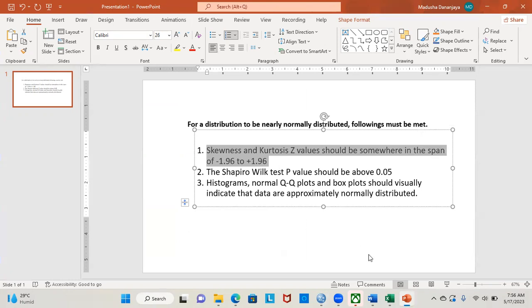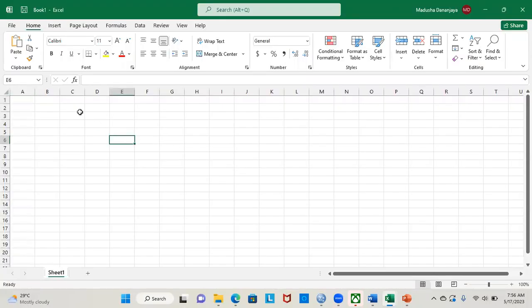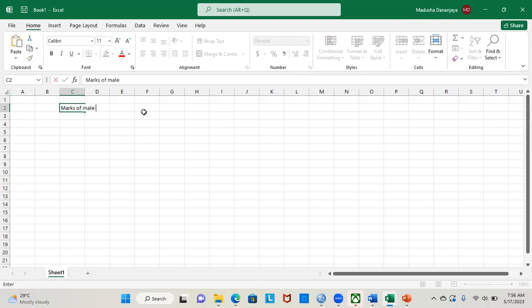Now here, I'll open an Excel sheet. First one, marks of male students. Then marks of female students.